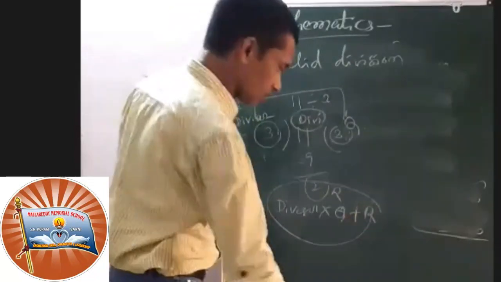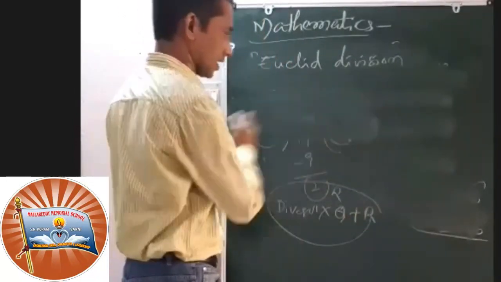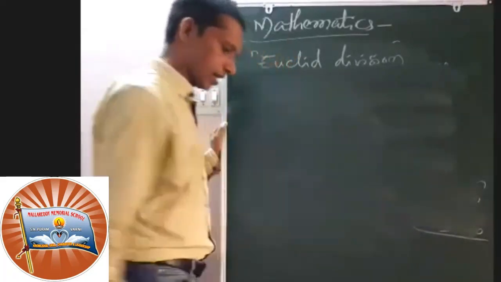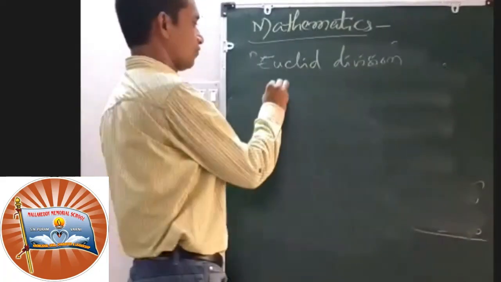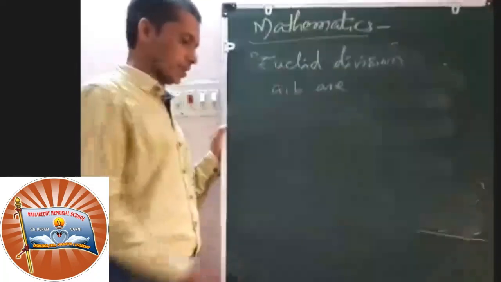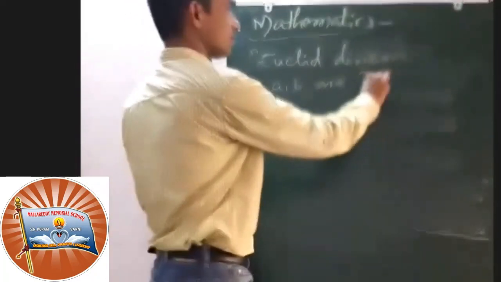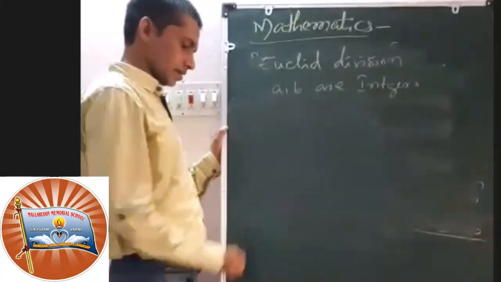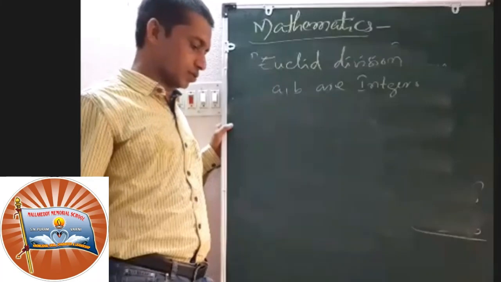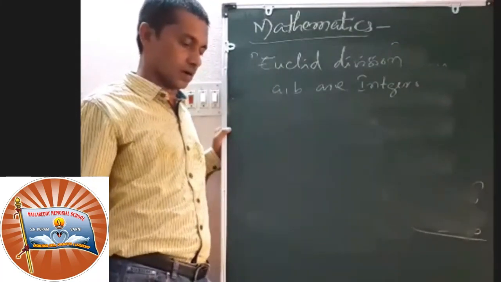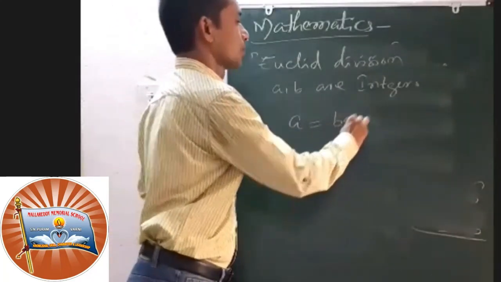So what Euclid division lemma tells, taking this basic example: if a, b are integers, then there exist unique integers q and r satisfying a is equal to bq plus r.